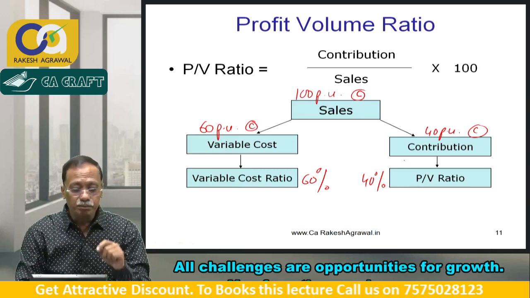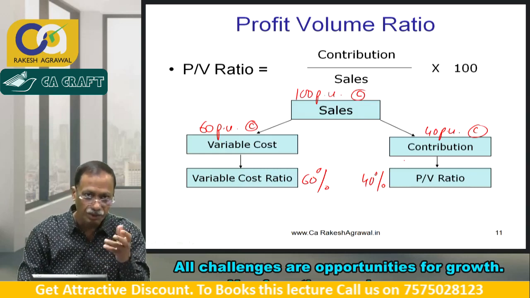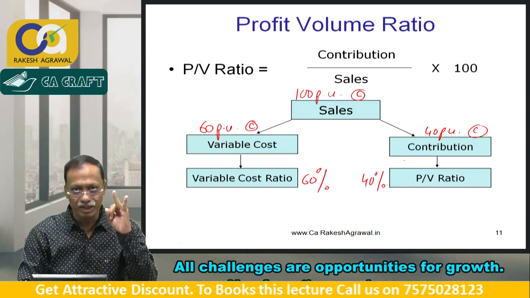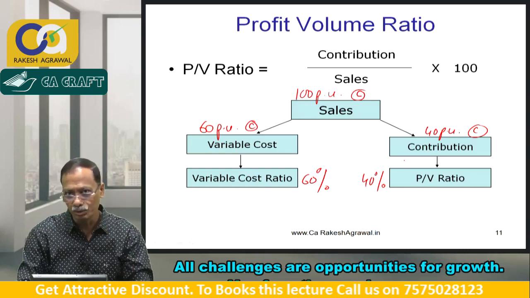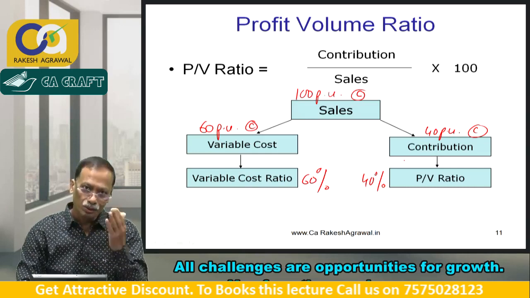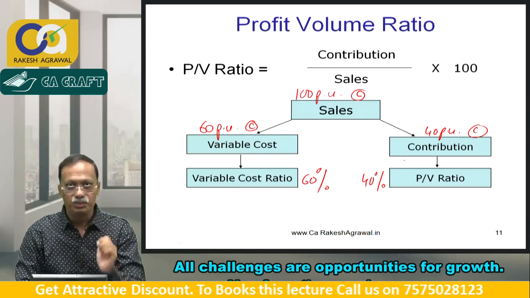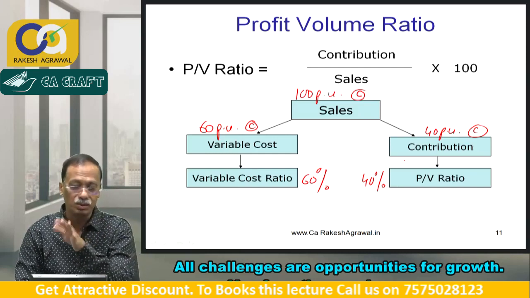Now I am saying your variable cost ratio or PV ratio for a given question will also remain constant. Why? Because selling price per unit is constant, variable cost per unit is constant, contribution per unit is constant. So naturally ratios will also be constant. So indirectly, variable cost ratio and profit volume ratio remain constant.